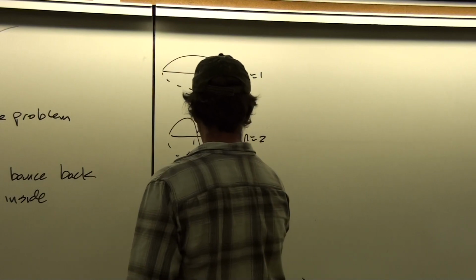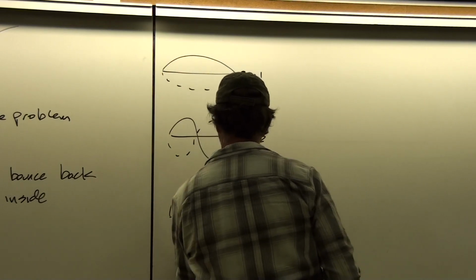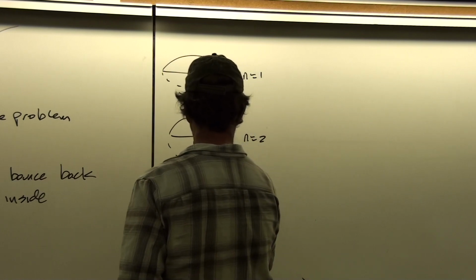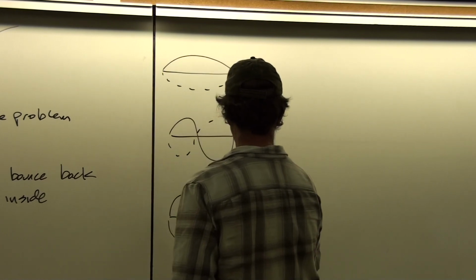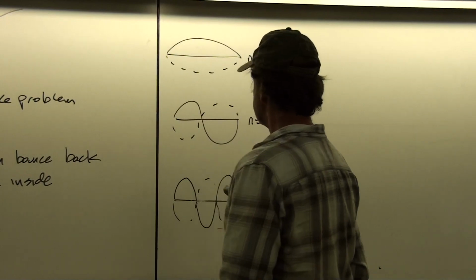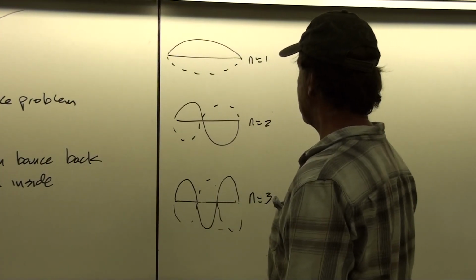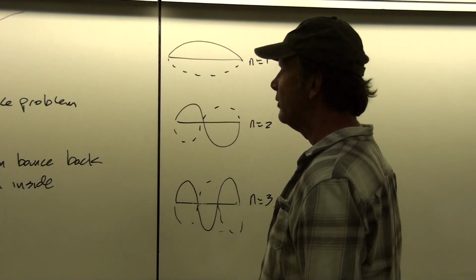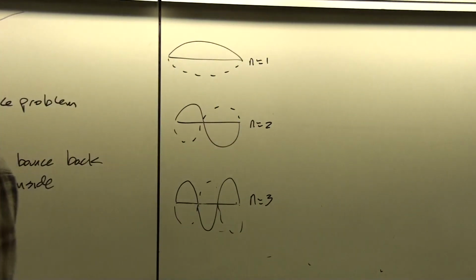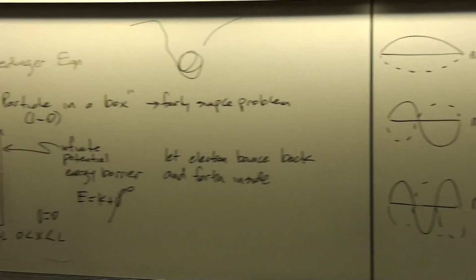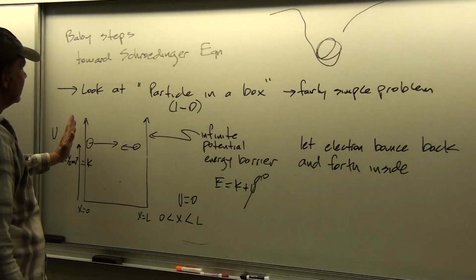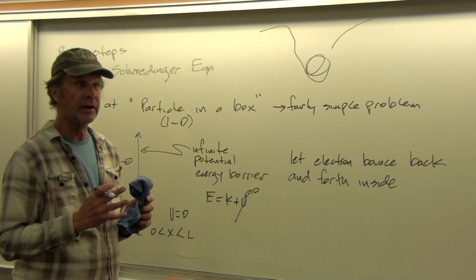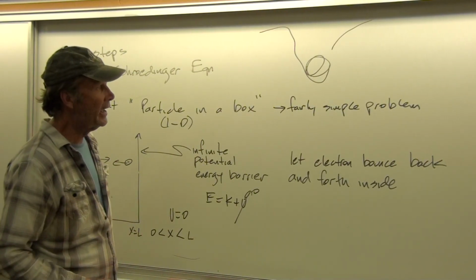You'd have n equals 3, look like this, etc. And we're going to get the same thing with the electron wave. We get an electron moving in one direction, then we have the reflecting electron moving in the other direction. Those two waves can interfere and produce a standing wave pattern.